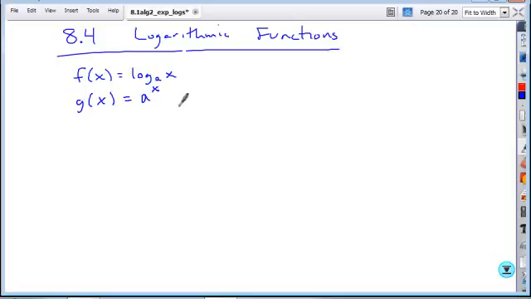All right, so if you take these two functions here, a log and an exponential function, we've talked about the exponential functions already, those are inverses of each other.